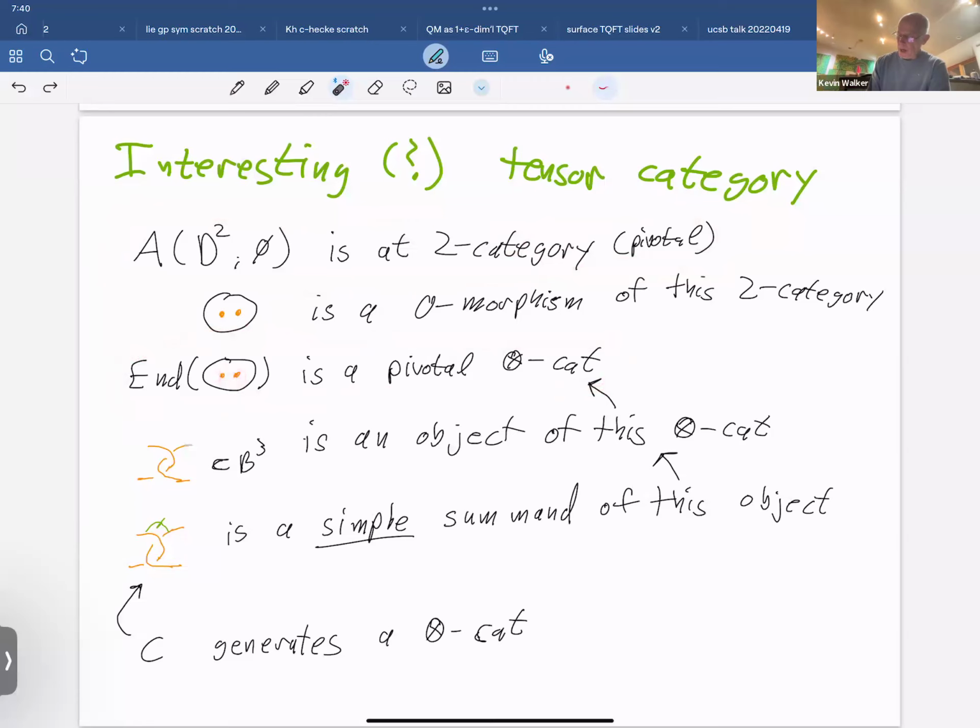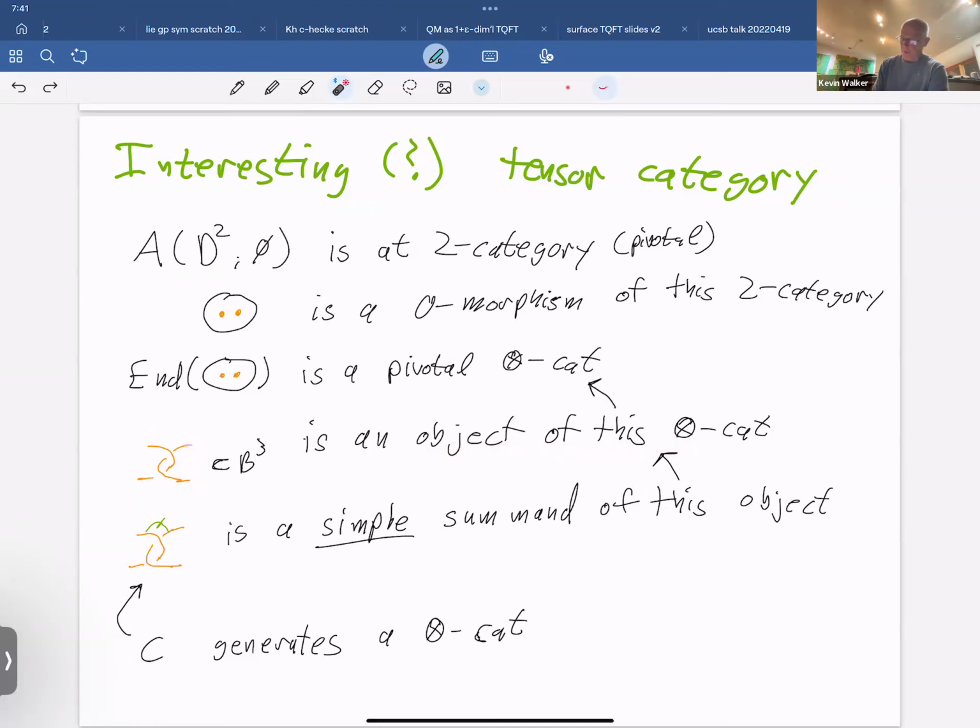One object in this particular pivotal tensor category is given by, you should think of this whole picture as being inside B3, basically a Hopf link, but we've chopped off the edges. So just the interesting part of a Hopf link. That's an object. It turns out it's not a simple object.